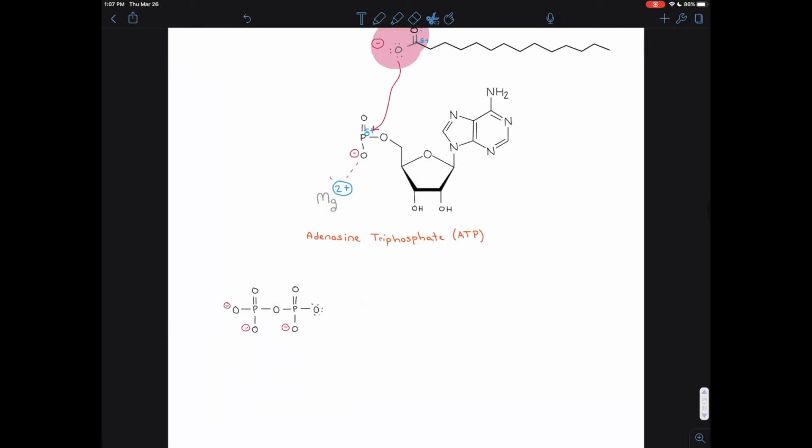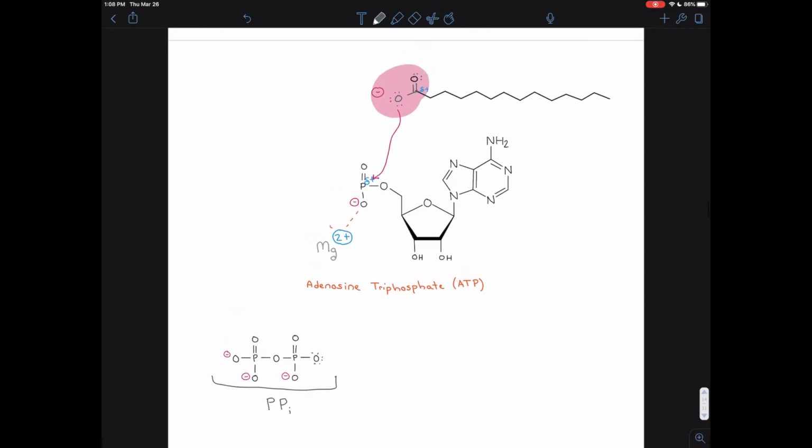They're the leaving group, and this is a diphosphate, right? Because you have one phosphate, two phosphates, so it's a diphosphate, and it is inorganic because it's not attached to any carbons. So that's sometimes symbolized as PPi, two phosphates with a little i because it's inorganic. So this whole thing is that PPi, that inorganic diphosphate.